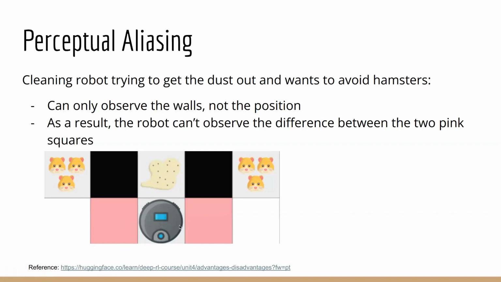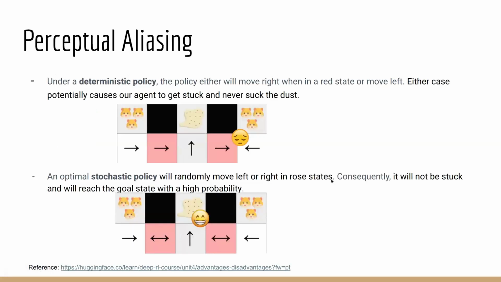However, because this cleaning robot is not smart enough, what it can observe is only whether it's next to a wall. So as a result, in both of the pink regions, it will observe that there's a wall in front of it, and that's all the information it has.